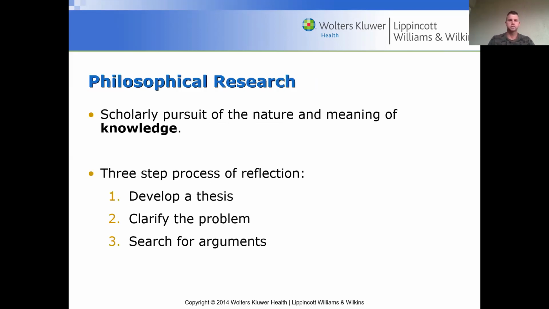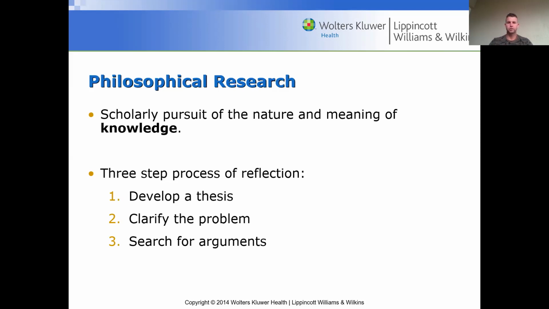Philosophical research: the scholarly pursuit of the nature and meaning of knowledge. It's a three-step process of reflection. When you want to develop a thesis, you clarify the problem and search for arguments, right? It's not too different from conducting research as we've talked about earlier.